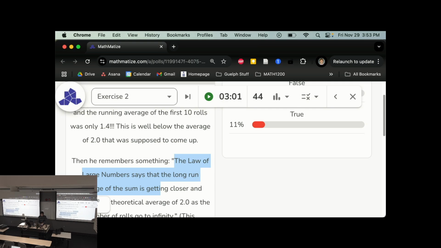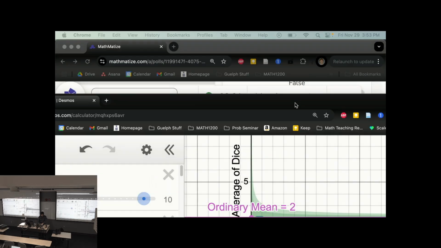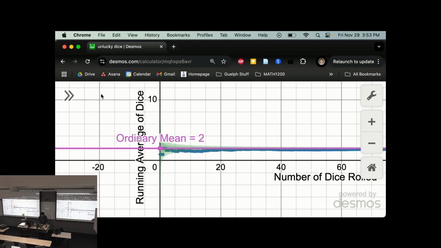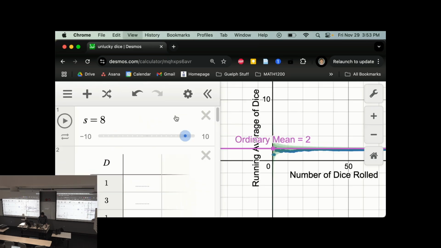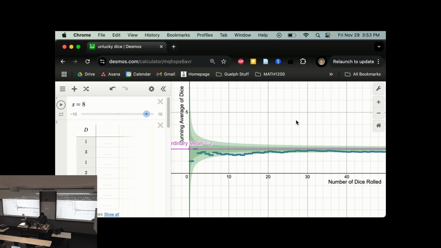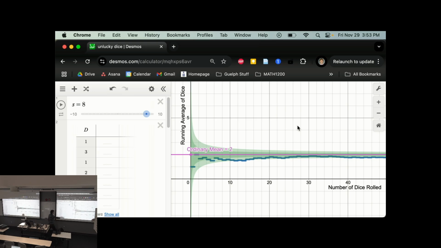I made a little Desmos simulation here of the dice to show you what's going on. So here are my dice. Let me zoom out a bit to make my thing on the right a bit smaller. On the x-axis, I have the number of dice rolled. I have this nice little table with the values of the dice. They came up 1, then 3, then 1, then 2, then 1, then 1.